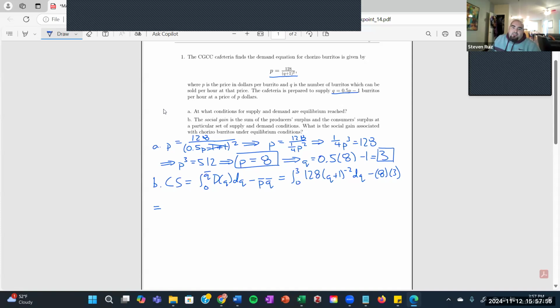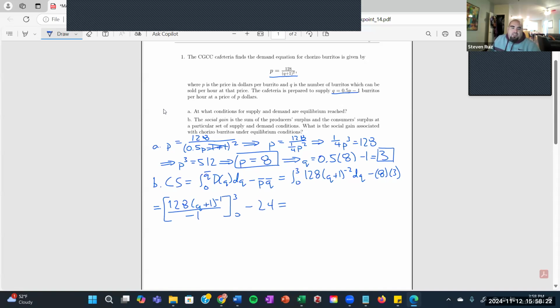If I take the antiderivative, I'm going to add 1 to that power. That becomes negative 1. So 128 times q plus 1 to the negative 1, and then I have to divide by that new power, so divided by negative 1. I'm going to evaluate that from 0 to 3, and from that, I'm going to subtract 24.